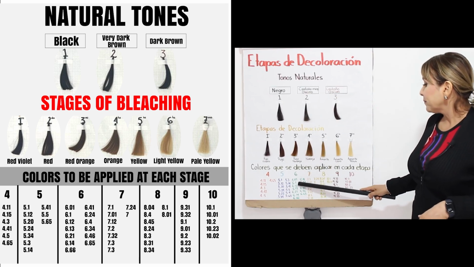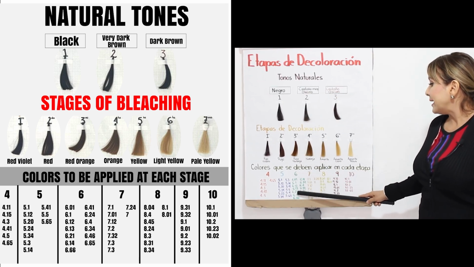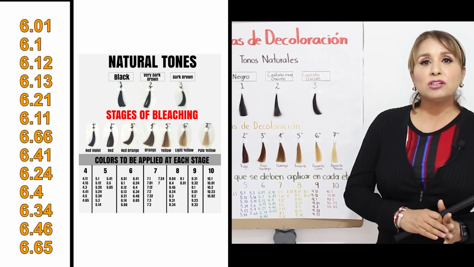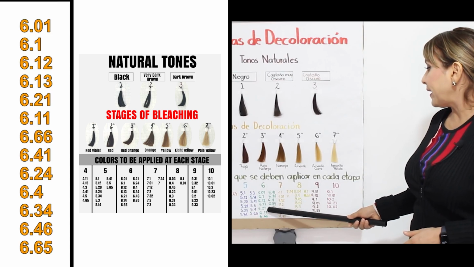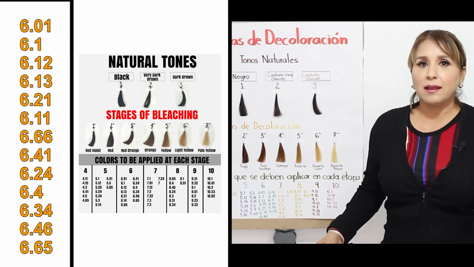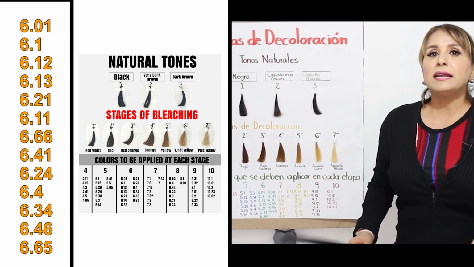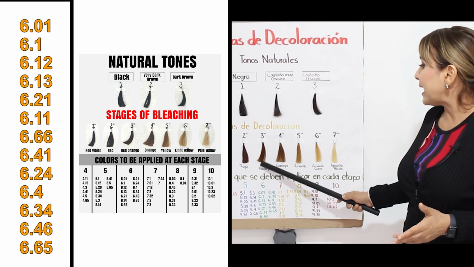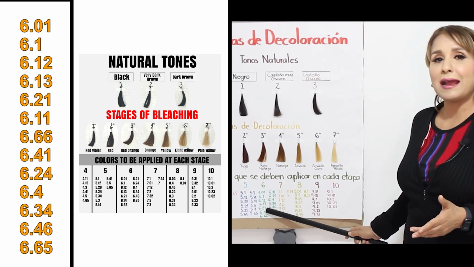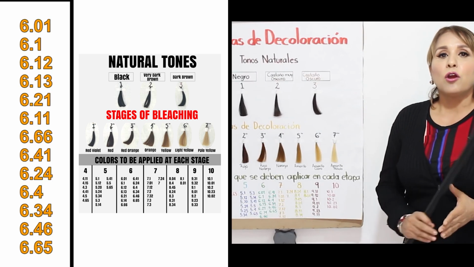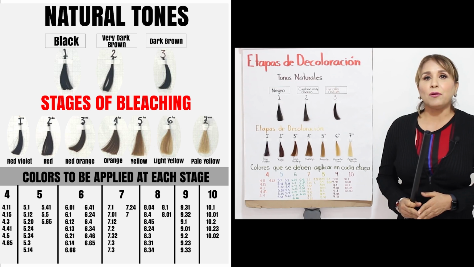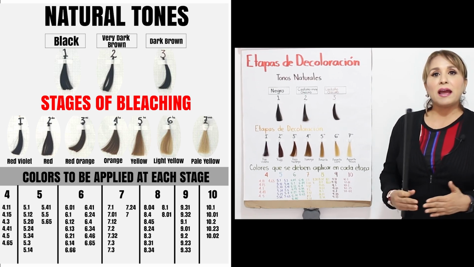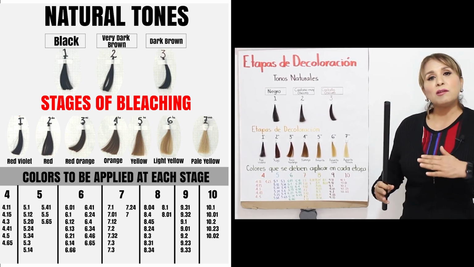Here I can apply tones at their height of 6, ash and red or copper or mahogany. Here it is very important, just as I told you before, that if you want to neutralize this orange red, you have to do it with a dye with an ashy reflection, but make it clear that when you apply it, you will possibly slightly neutralize the reflection, but not completely.